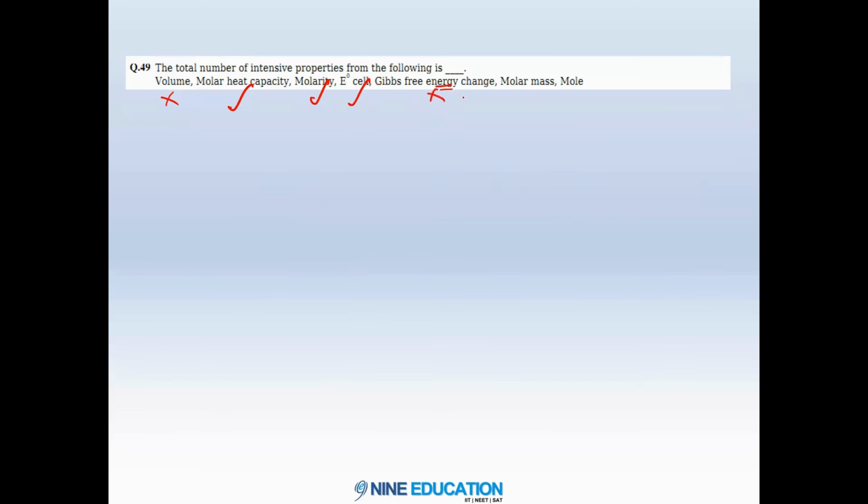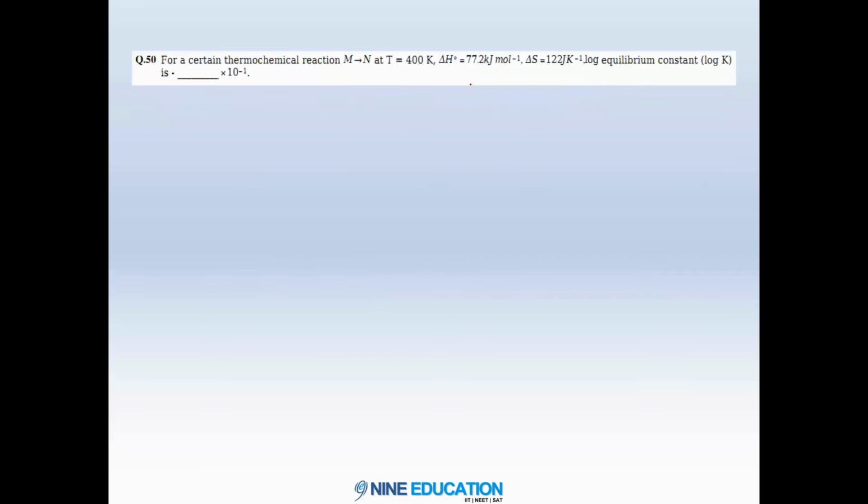So this is extensive. Molar mass is independent of the amount of substance you take, so this is intensive. Number of moles, obviously it depends on the amount, so this is definitely extensive. So we are having 1, 2, 3, 4, number of 4 are there.